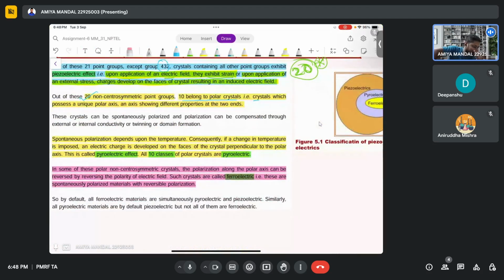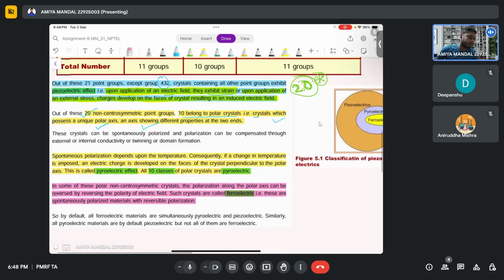Crystals which possess a unique polar axis, with different properties at the two ends, have what is called a polar axis. So you have learned about the piezoelectric effect: upon application of an external electric field, strain is generated, and upon application of external mechanical stress, charge develops on the faces of the crystal.